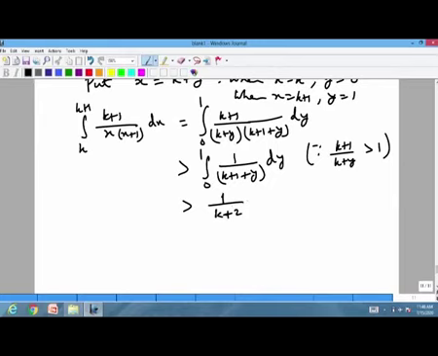So, this is always bigger than or equal to 1 by 100 if k is between 1 and 98. So, we have proved that this integral is bigger than 1 by 100.